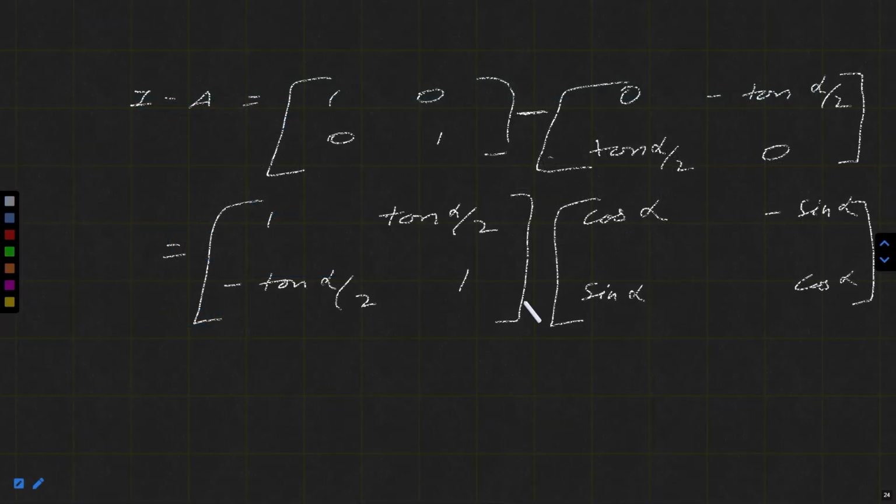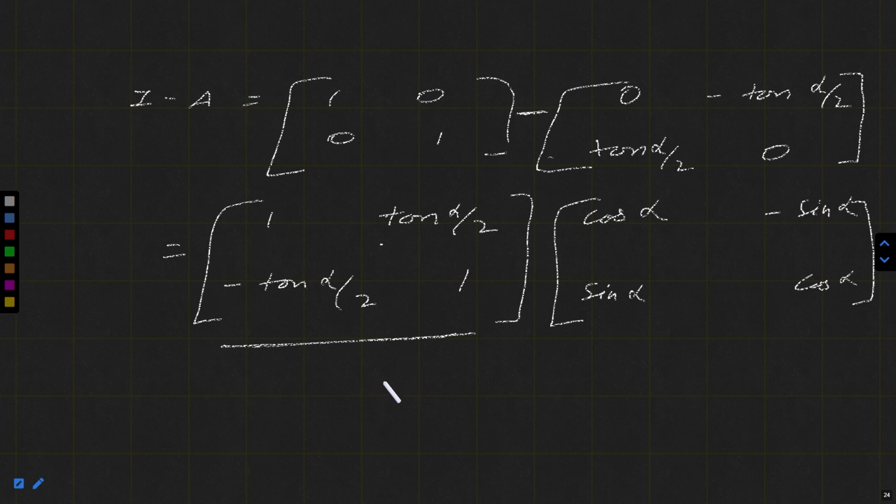On the right hand side this matrix is nice to deal with, but this is not, because we want our whole terms to be in tan alpha by 2, but here we are given cos and sine. So first of all, we need to take care of that. Quite simple to do. We will use the double angle formula of sine and cos to change into tan.